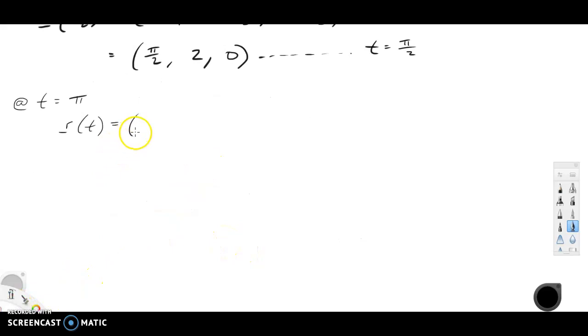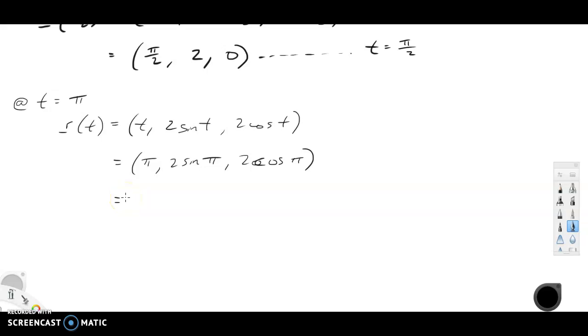Now we're going to get the position of the particle when t equals pi. So remember this was the way the thing was, 2 cos t, right? So the position is going to be, the x coordinate is going to be pi, and we have 2 sine pi and 2 cos pi.